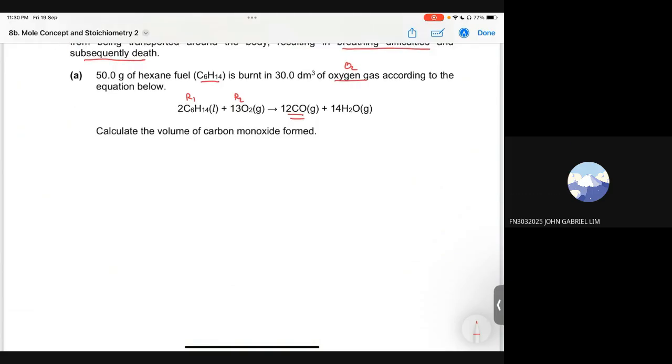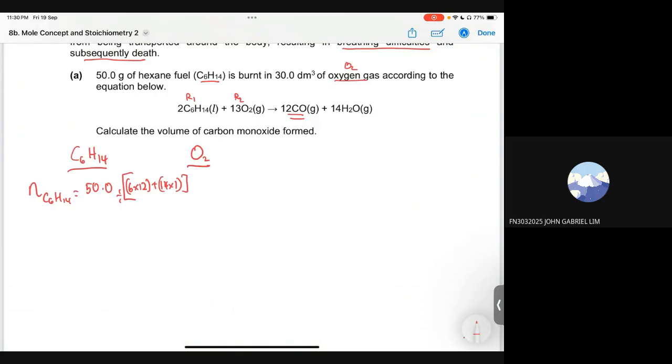We're going to look at the two reactants, which are C6H14 and O2. So let's find the moles of C6H14. This is equivalent to 50 grams divided by the Mr, which is 6 times 12 plus 14 times 1.